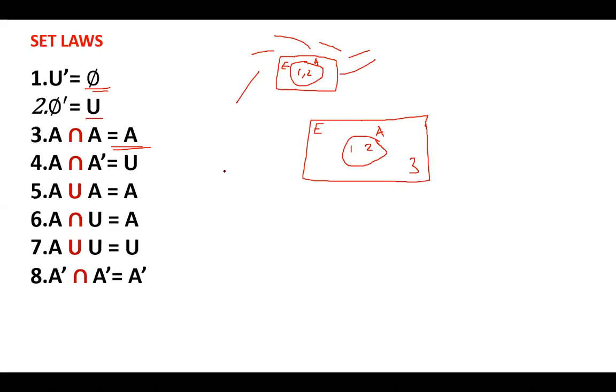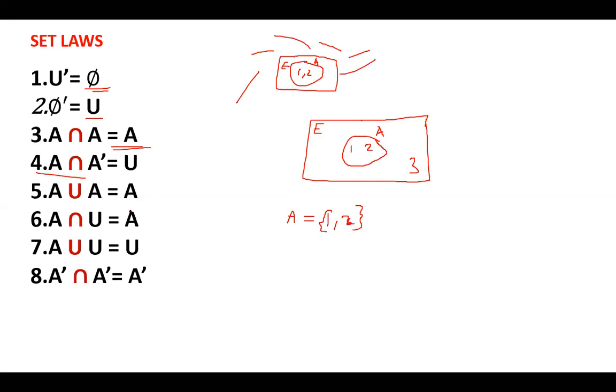You need to know these rules, because when proving De Morgan's laws, you need to be applying these rules. So when you've been asked to find A intersection A complement, you first have to list A. When you list the elements of A there, you get 1 and 2.